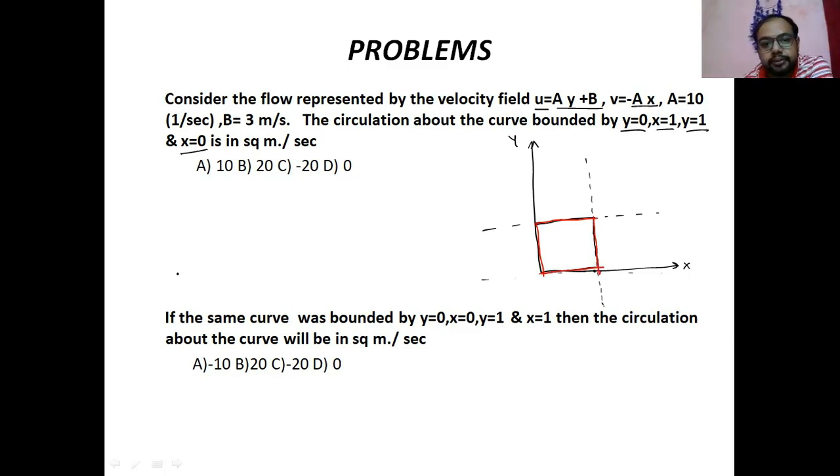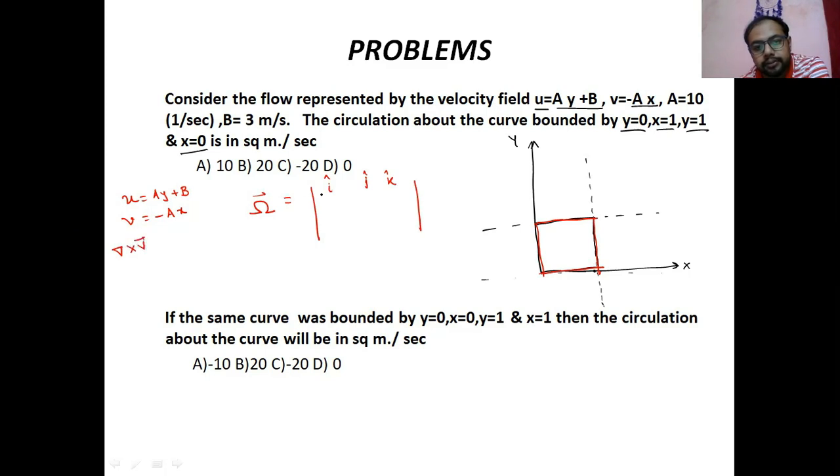U has been given to you as AY plus B, and V has been given as minus X. It is two-dimensional. If you go for the vorticity vector directly, you can write i, j, k, because vorticity is the curl of the velocity vector.